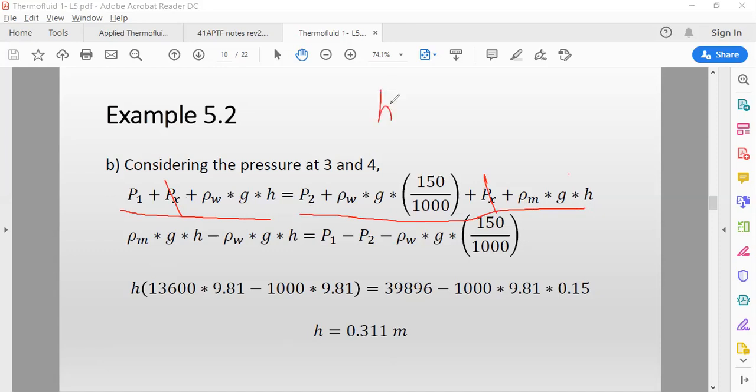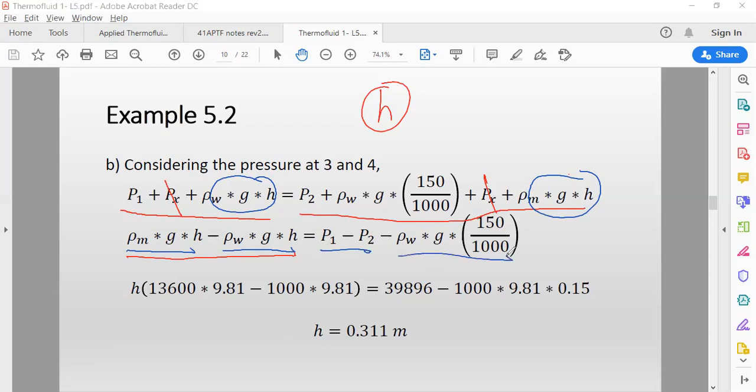I want to find out my H, H is my unknown, so I group all my H terms on the left. Where are my H terms? This one consists of H, and this one consists of H. So rho M g H minus rho W g H. P1 minus P2 are grouped together, and this one is the 150.